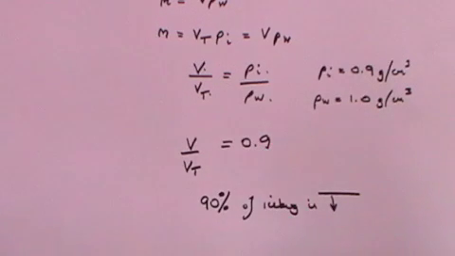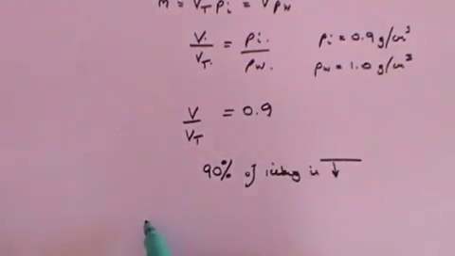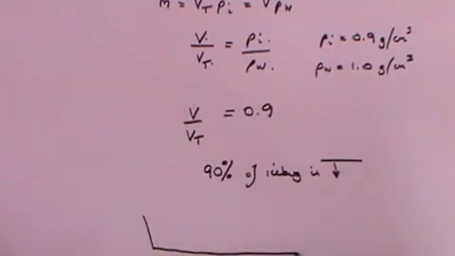And that begs the question, how then can a ship float? Because a ship is made out of iron or steel, and that is much heavier, much more dense than seawater. And the answer, of course, is that it is not a massive chunk of iron or steel. What you have is an iron or steel shell that floats in the water.